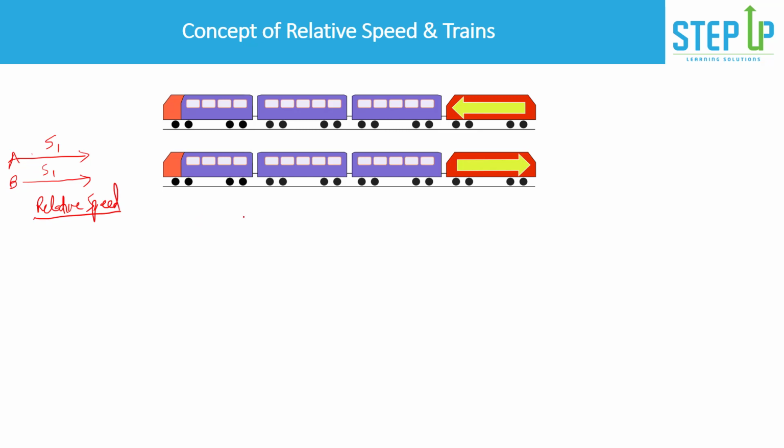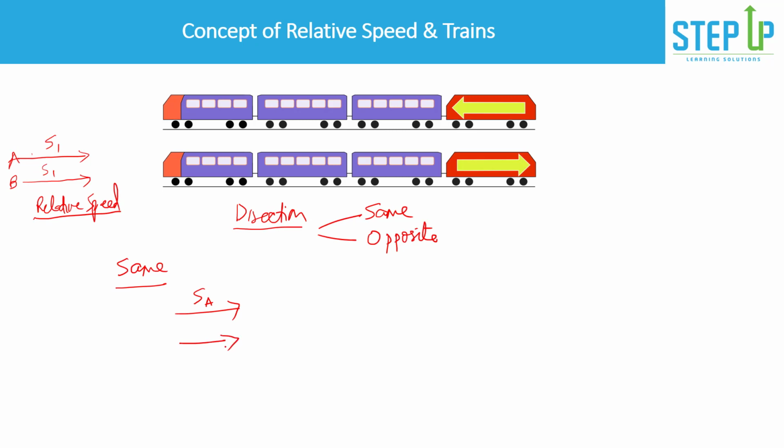So now, what happens in relative speed? There are two things that happen. One is with respect to direction, and in direction there are two cases: the same direction, and the bodies in opposite direction. Now, in the same direction, say there's an object A moving at a speed of SA, and another object B moving in the same direction at a speed of SB.